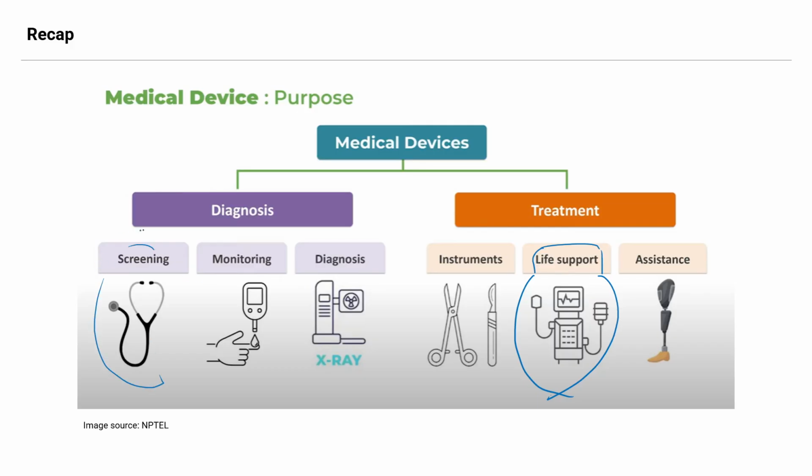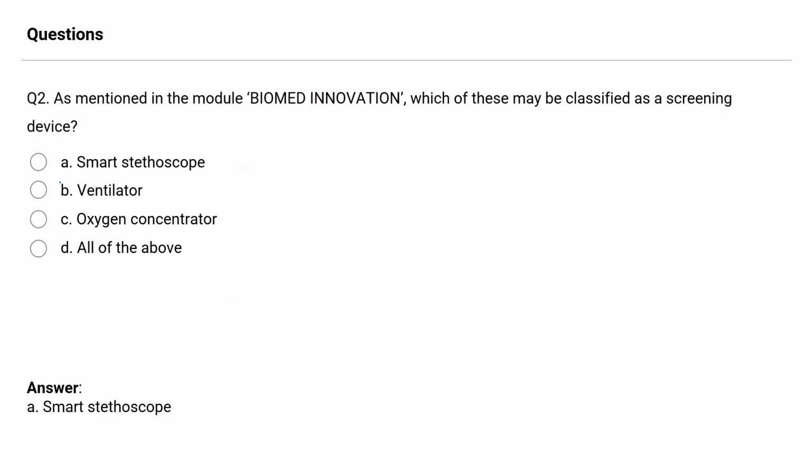As you clearly see, it is something which helps you screen for basic things, as simple as the stethoscope. So the correct answer to the question is a smart stethoscope. I think one of the learners has correctly opted for it. Among these devices, the stethoscope is a screening device. All the others are monitoring and life support devices.